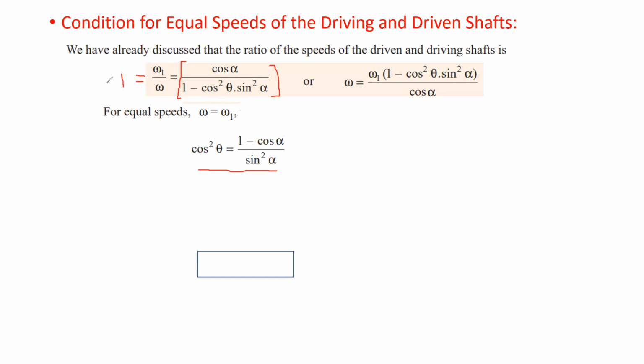This will go to this side, then this factor you can bring this side and cos you can take that side. So cos alpha, 1 minus cos alpha upon sin square alpha, it has been rearranged. Okay, so you can use this equation to find out the values of theta where this condition of equality will be satisfied.